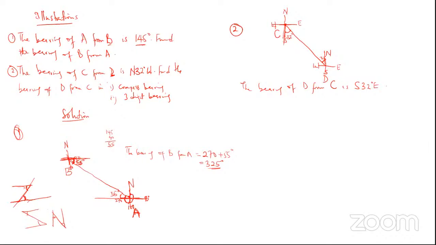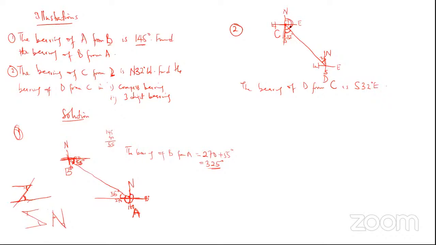But they also want us to find it in 3-digit bearing. Mind you, what did you say about 3-digit bearing? What you have to do is start from the north in a clockwise manner up to the line that is going to this. From here, this is up to 90. Then the remaining small angle here, what is it? Since this is 32, it means we move 32 from 180.